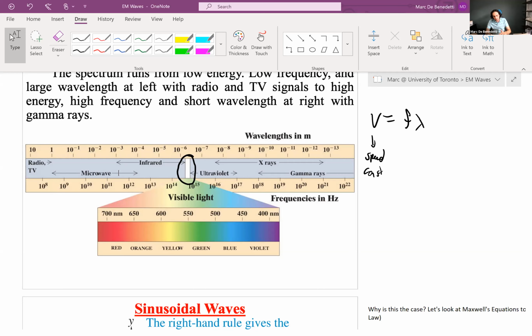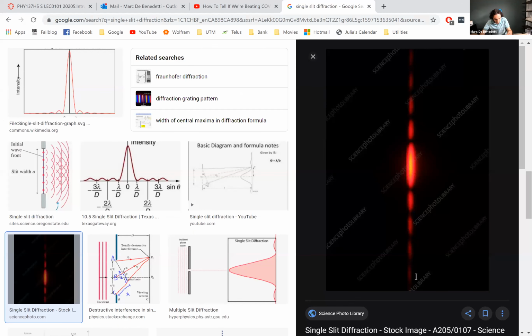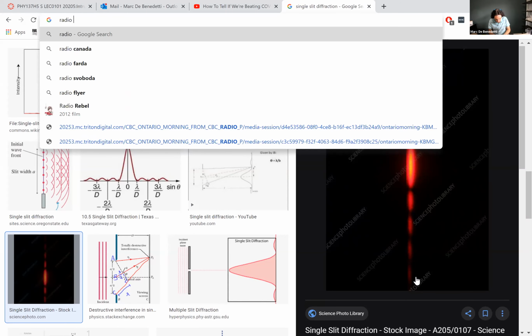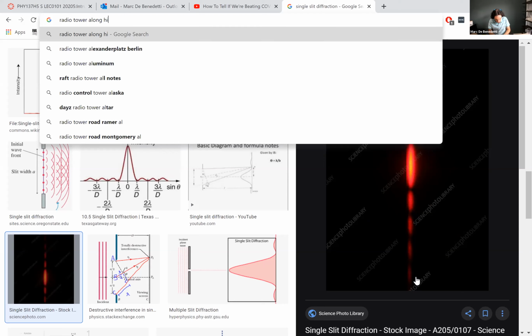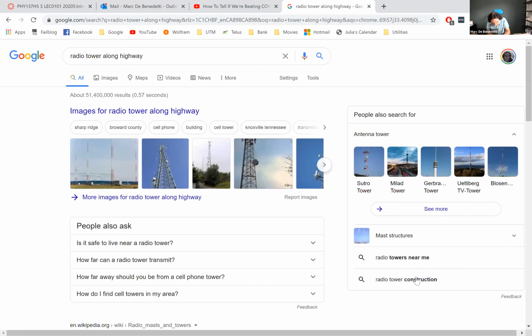And on those radio towers, actually, I'm going to do a really crappy, actually, you know what? Let's see, maybe I can find a picture for you. Aha.